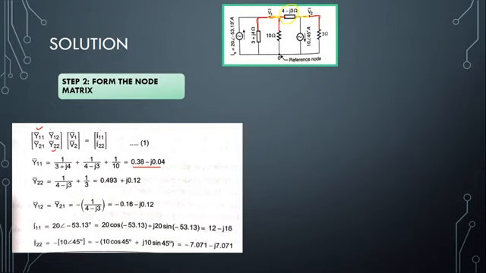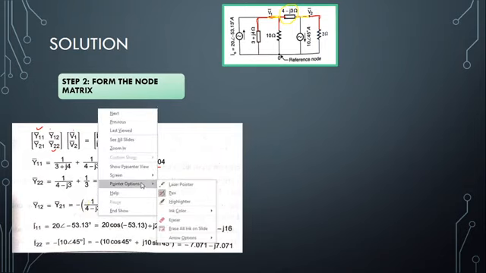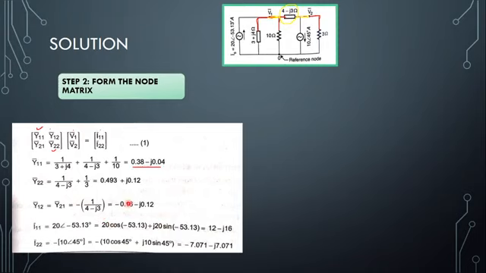So Y12 or Y21 will be 1 divided by 4 minus J3. And common elements we represent with a minus sign, as we saw in the mesh analysis method. So it is minus of 1 divided by 4 minus J3, and therefore we get this particular answer: minus 0.16 minus J 0.12. So I hope you're clear with this particular admittance matrix.